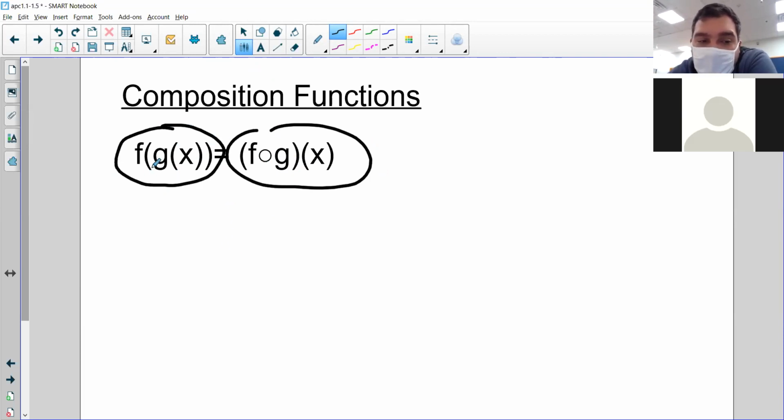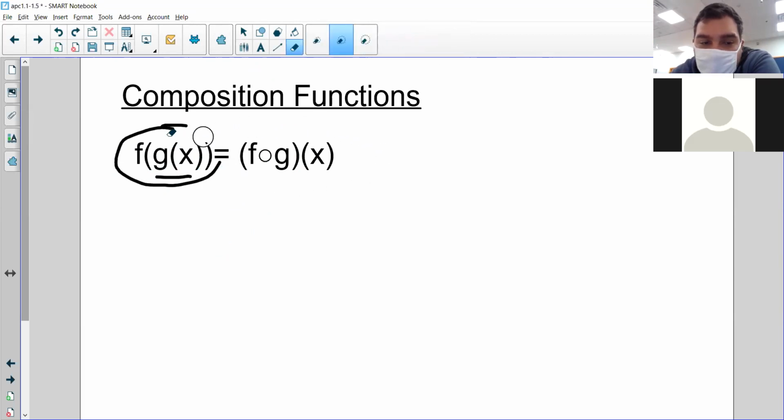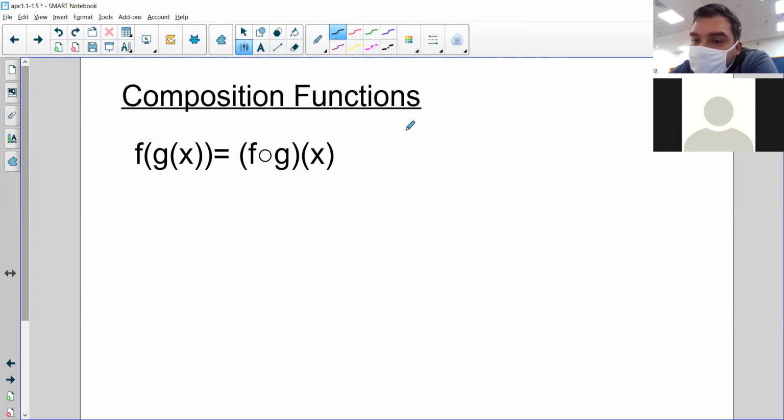So f of g of x means that the function g of x is inside f of x. Usually the symbol they use is like a hollow bullet point. So f of g of x is how you would pronounce it. It's a function within a function.